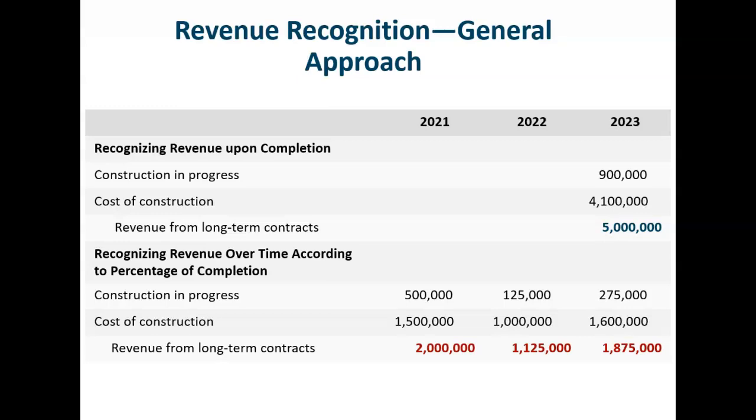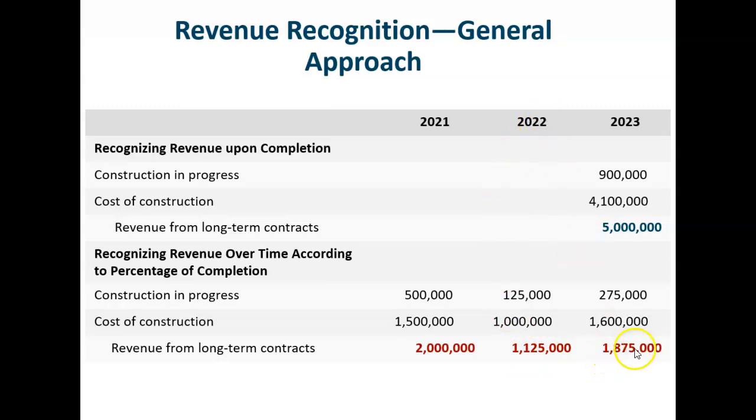To check this, we can add together all of the revenue recognized for both methods over the 3 years. $2 million revenue recognized in 2021. $1,125,000 revenue recognized in 2022.